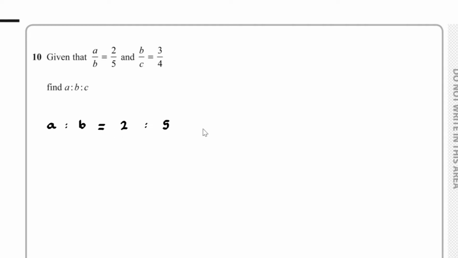And the ratio B to C is equal to 3 to 4. Now the idea is to get the B's the same, and that allows us to find the ratio A to B to C. Now if I've got 5 here and 3 here, the lowest common multiple of 5 and 3 is 15.